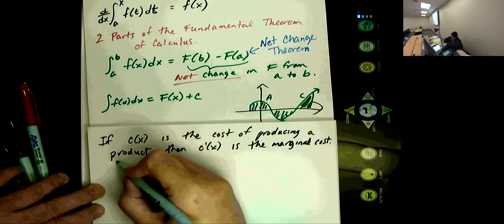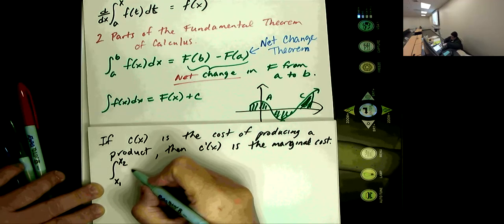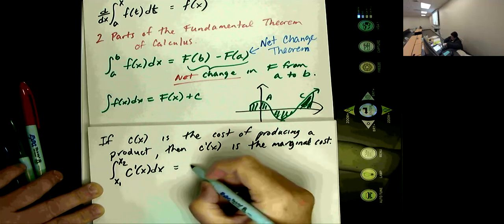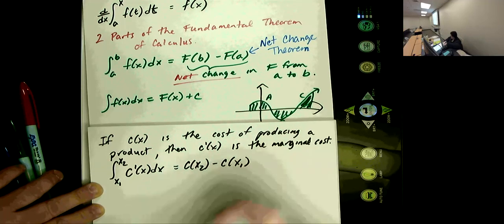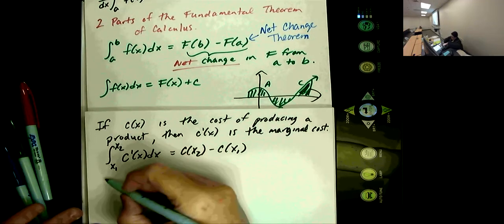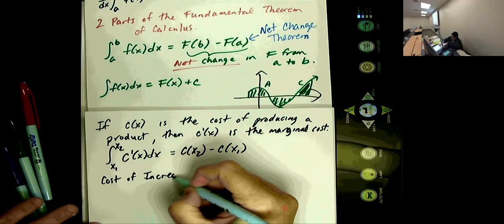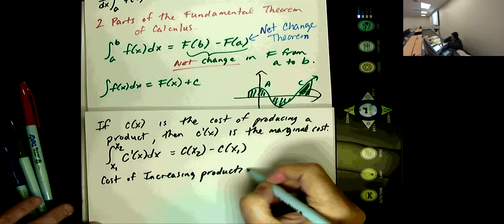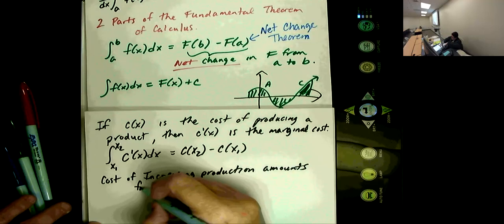And so if we do the integral from x1 to x2 of C prime of x dx, we get C of x2 minus C of x1, which is the cost of increasing production from x1 to x2.